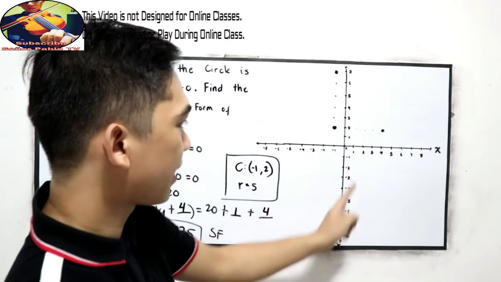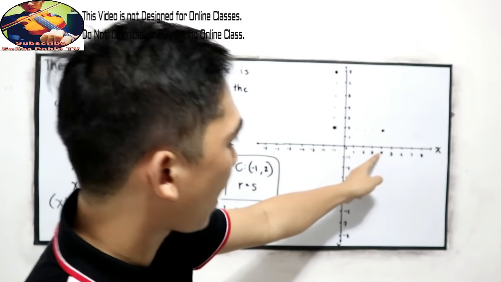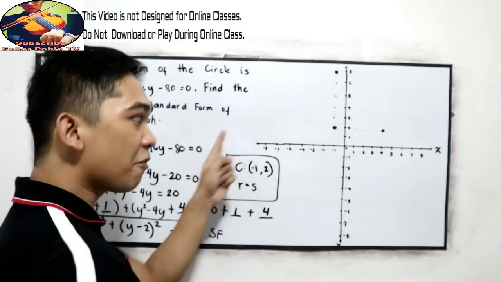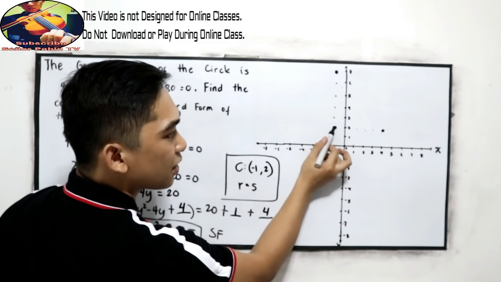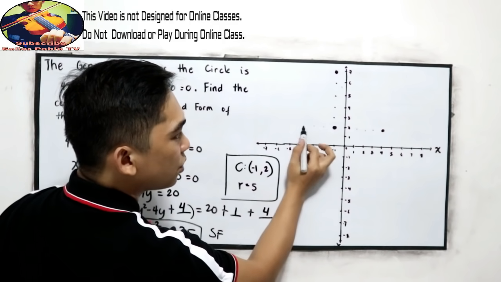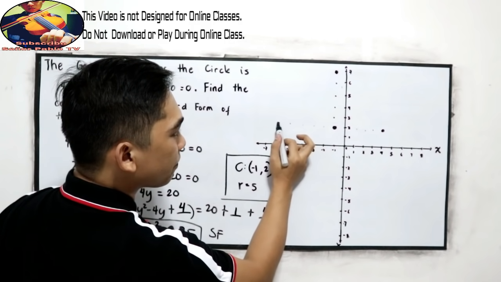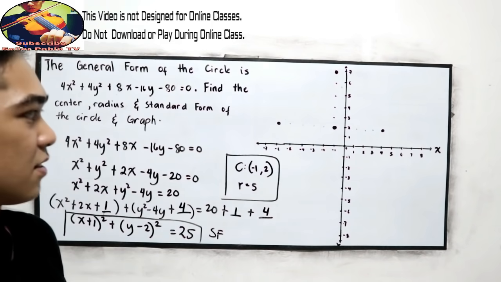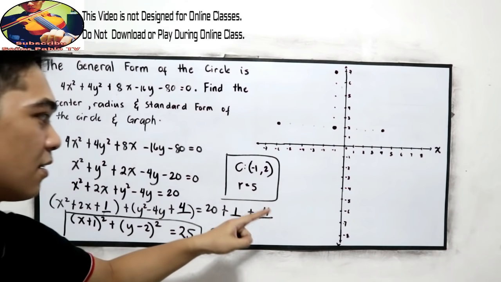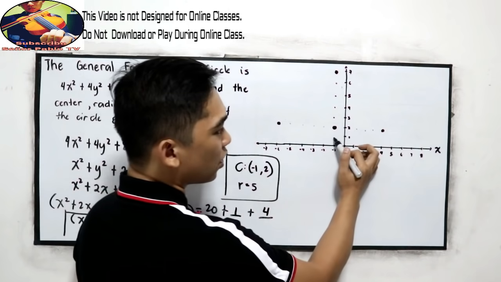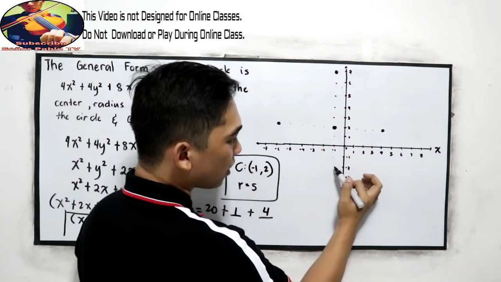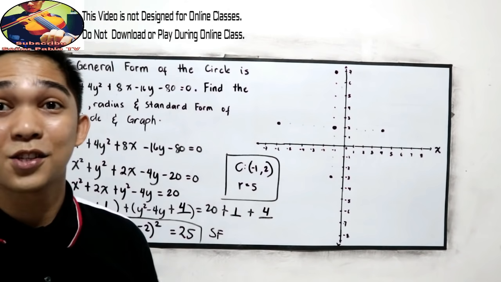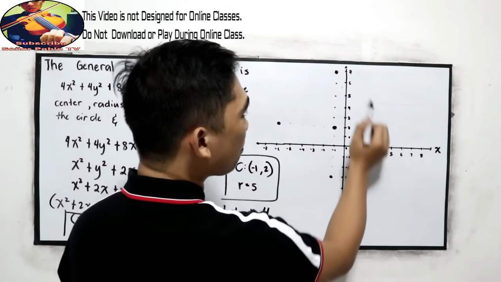That would be 4, positive 2. And the leftmost, from the center, count 5. 1, 2, 3, 4, 5. It's negative 6. And bottommost, count 5 below. 1, 2, 3, 4, 5. Now, connect the points of the circle.